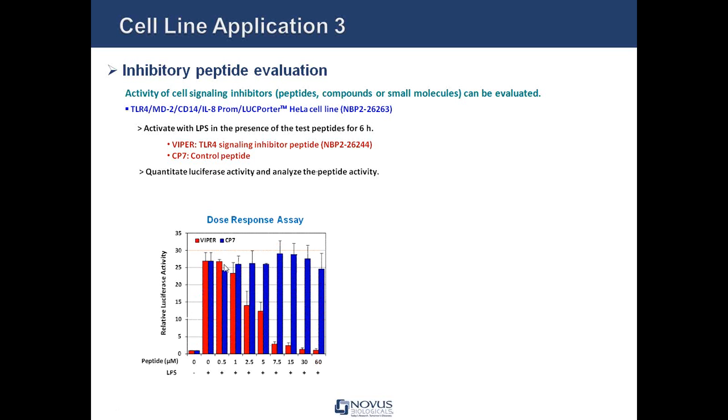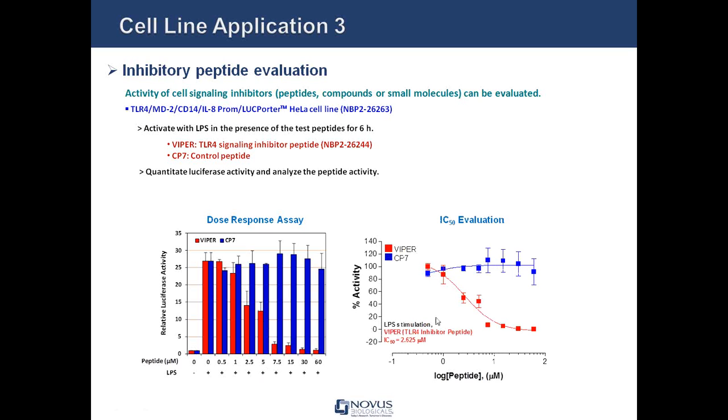You can analyze the dose response activity of the inhibitory peptide: increasing amounts of peptide show inhibition of TLR4 activity. And you can evaluate IC50 determination for Viper and CP7. You can get an IC50 value.